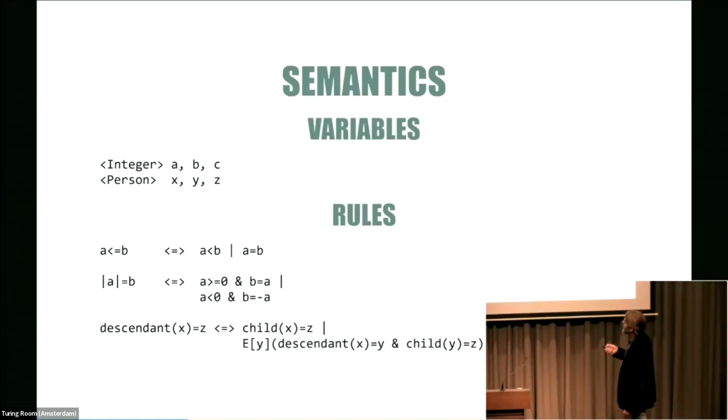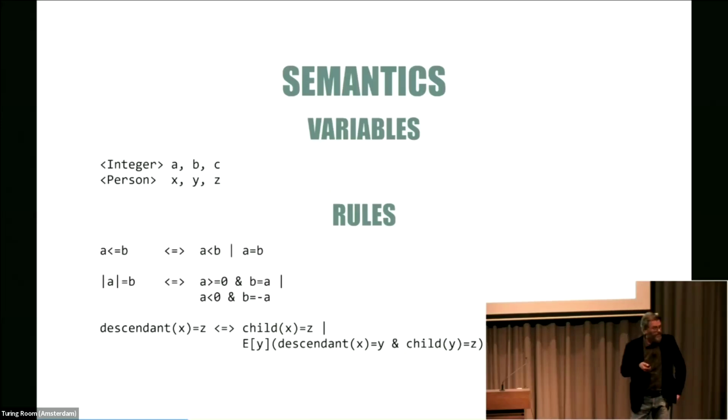And this is a definition, for example, for if A is smaller or equal to B, a very simple specification of its semantics. This is a definition of absolute, and this is a recursive definition of descendant using child and descendant itself and an extensional qualifier.